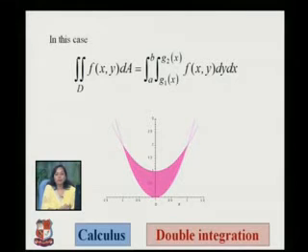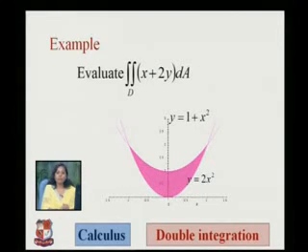For integration, we have to keep in mind that constant limits always go outside, and the inner limit is a variable. Here the variable limit given for y is in the form of x. Therefore, we take the integration with respect to y first and then with respect to x.